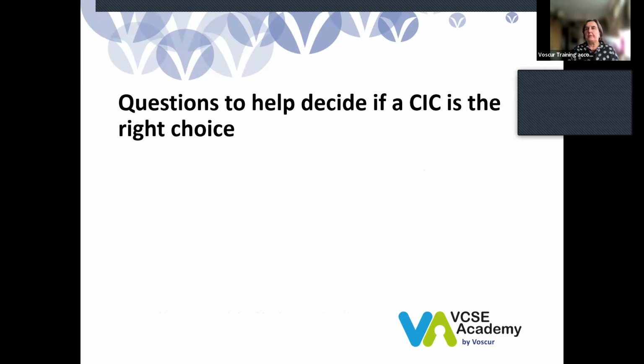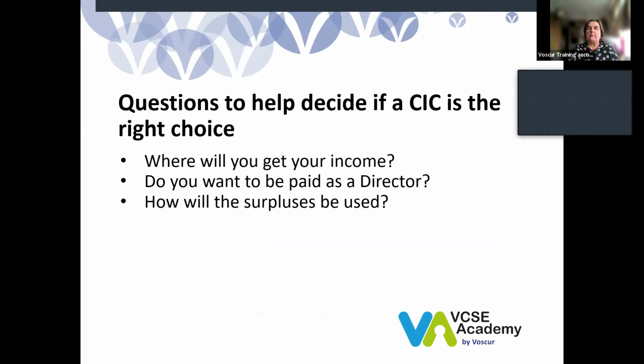So there are some questions to ask yourself before you go ahead with becoming a CIC. Where will you get your income? CICs are usually set up with at least a good proportion of trading income.